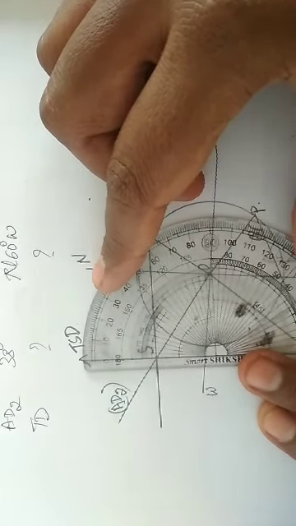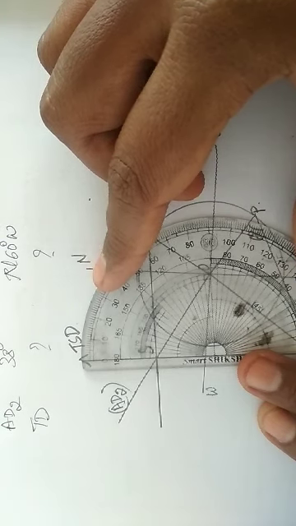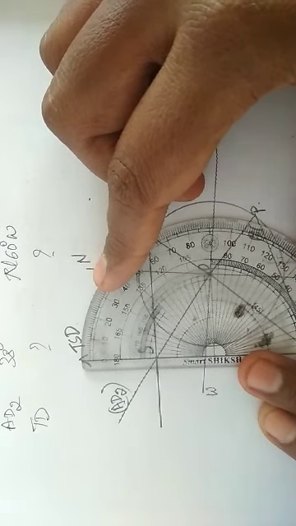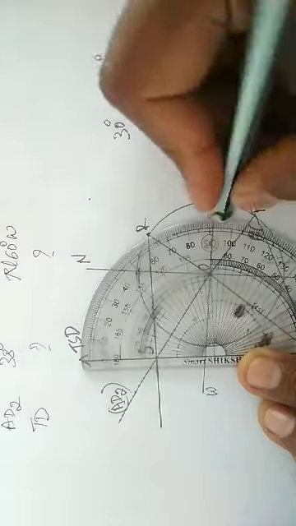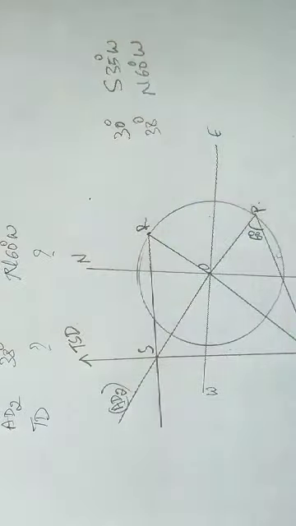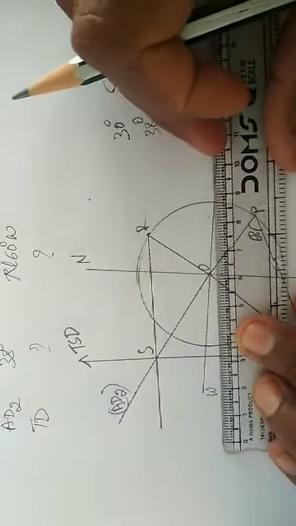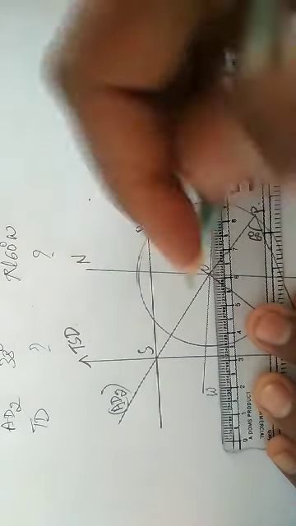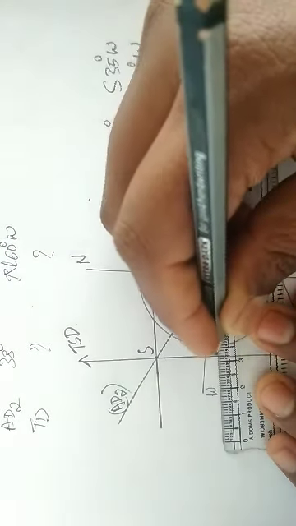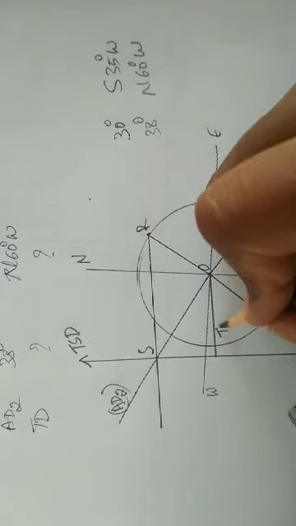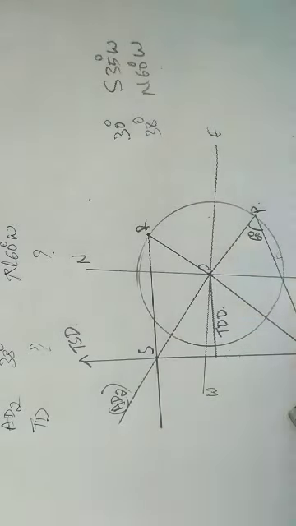Here we got the perpendicular line to the strike line. This itself is called the true dip direction.